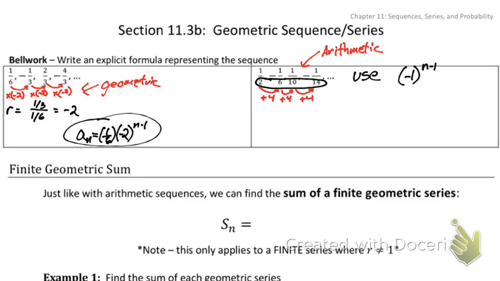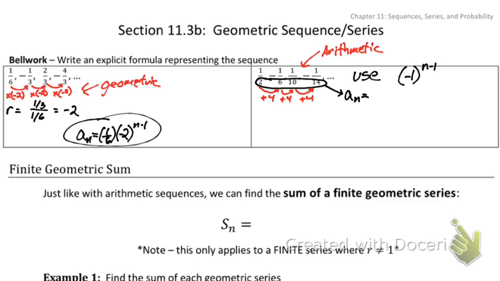So now I'm not worried about the positive, negative. All I'm worried about is coming up with a formula for this denominator. Well, the formula for this denominator, we'll do a sub n equals, well, remember, it's arithmetic. Arithmetic is my common difference times n.